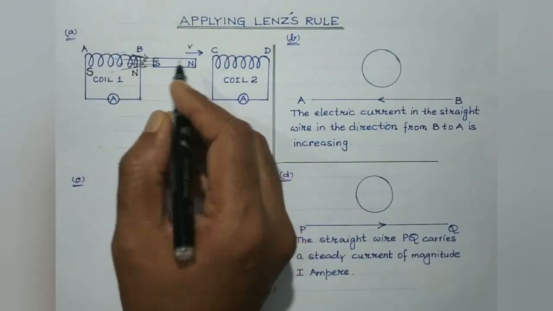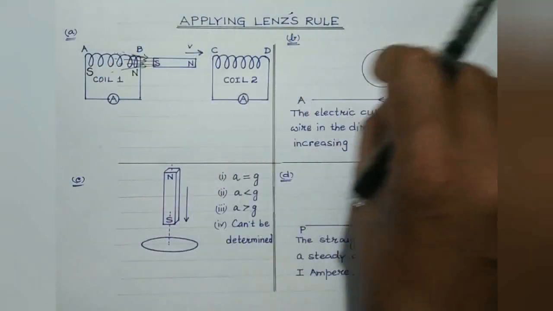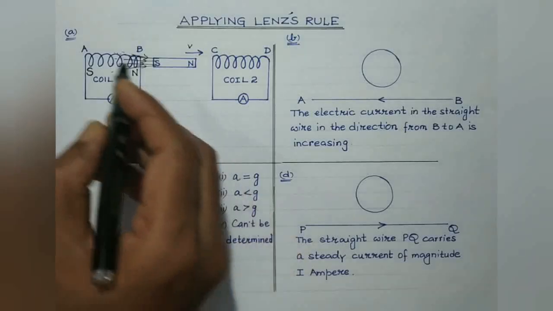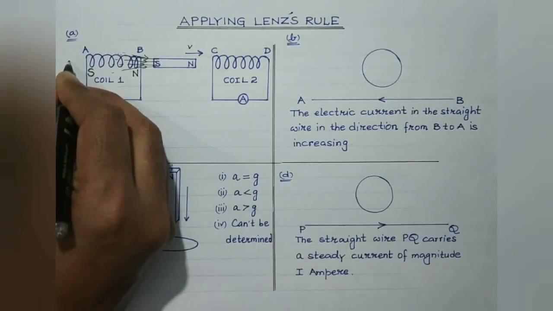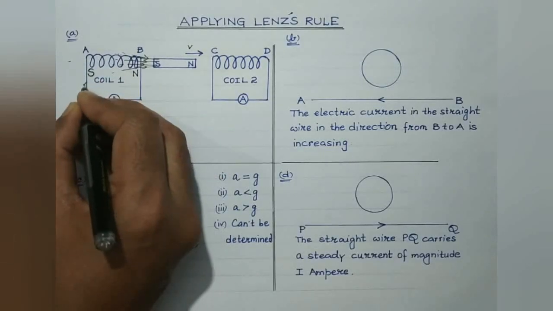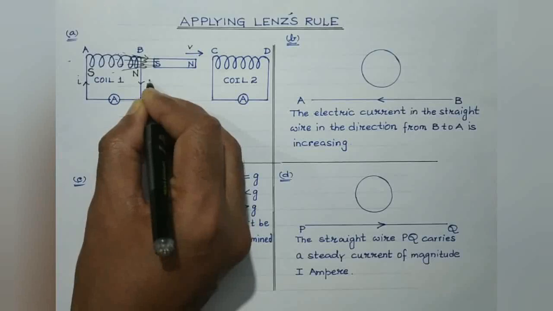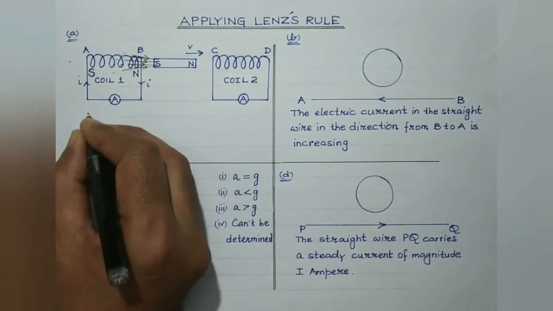So it will oppose or provide some resistance towards the moving away magnet. Isn't it? So as a result, the current in the coil 1, when seen from this end of the solenoid, must be flowing in the clockwise direction.